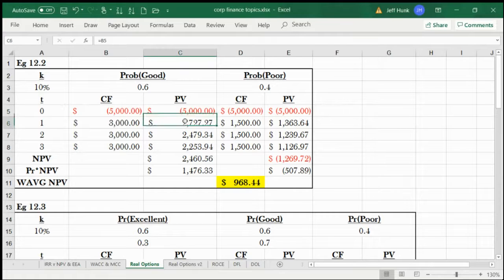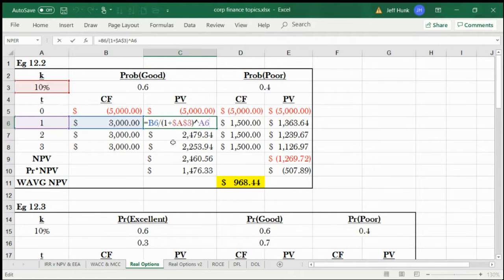And of course, you already know what to do. You can simply discount it by the 10% cost of capital, right? 0.83 raised to these time digits, and then you drag it down.